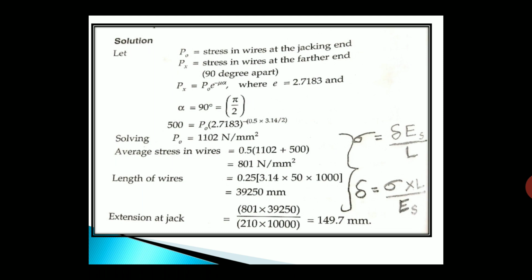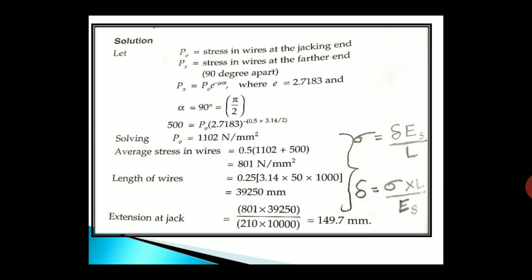Then next is the length of the wire. As it's a circular thing, we have to take into consideration the circumference. The formula for circumference is pi d, and as we have 4 jacking arrangements, we multiply it by 0.25, or it is nothing but divided by 4.